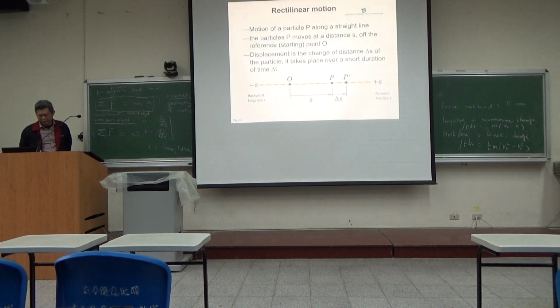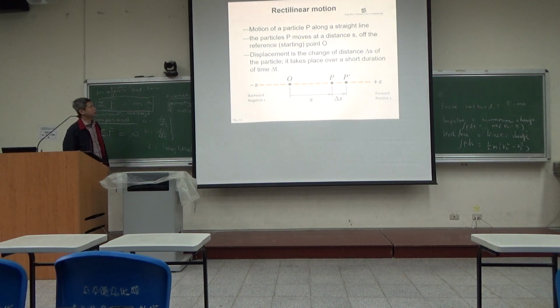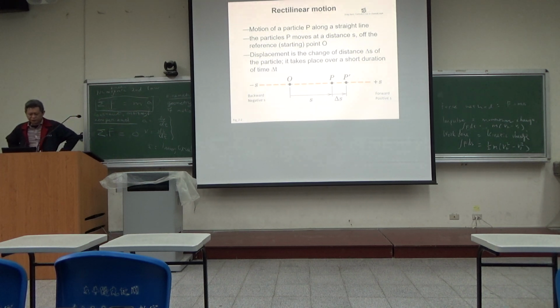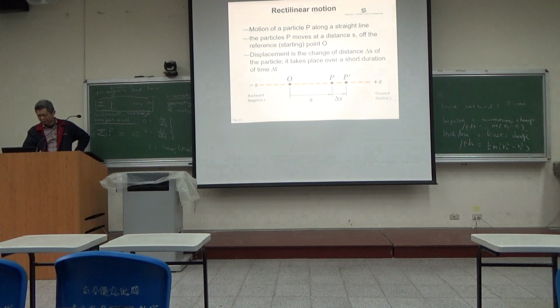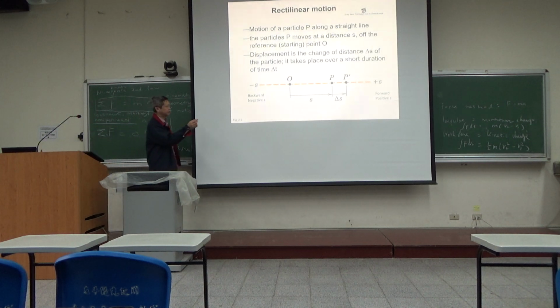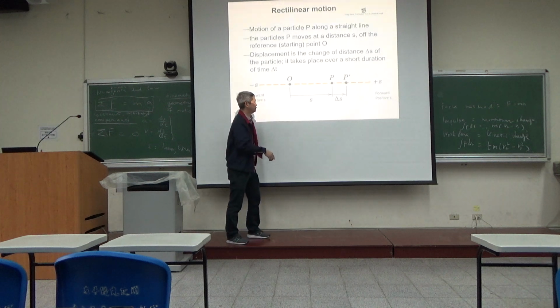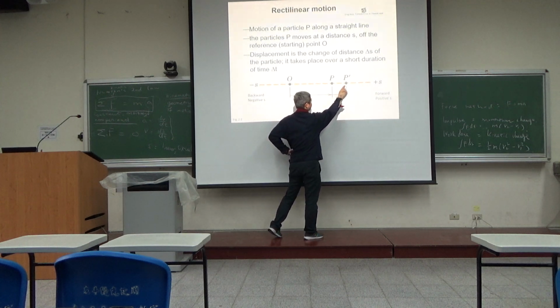Now let's look at how to describe straight-line motion. In the case of straight motion, you can describe the position P, away from the starting point by distance S. If you move forward in the next second, you may move delta S, so your point will change from P to P prime.